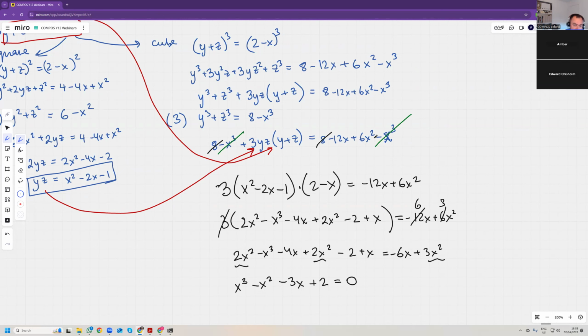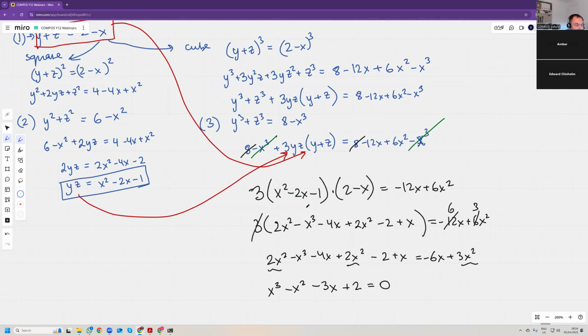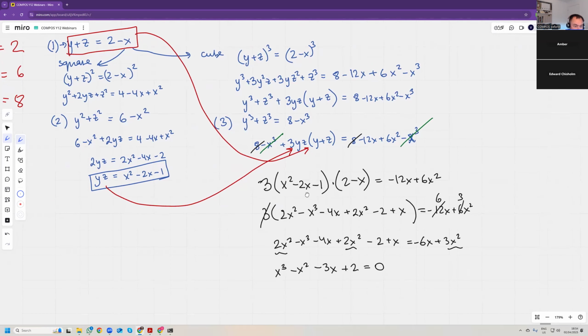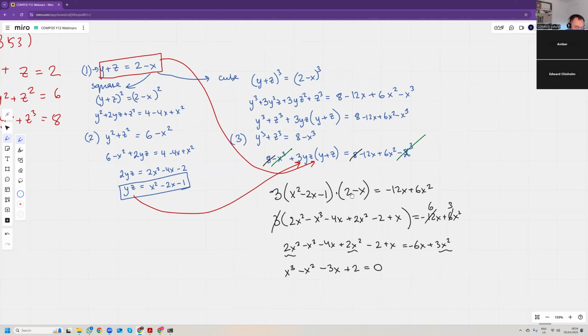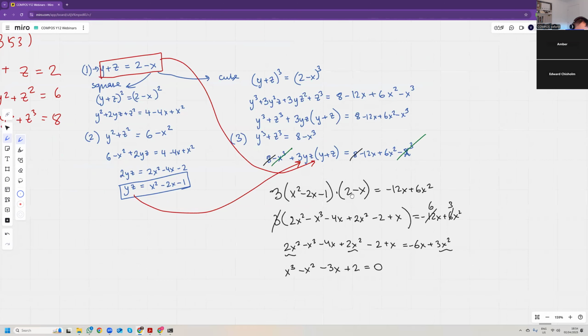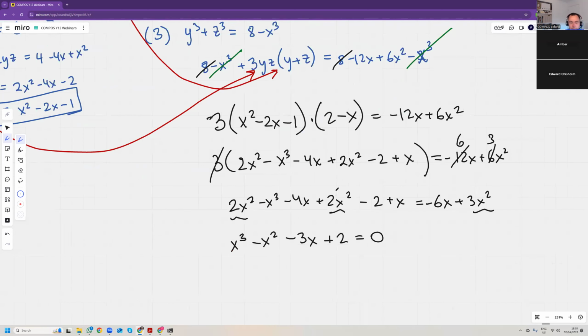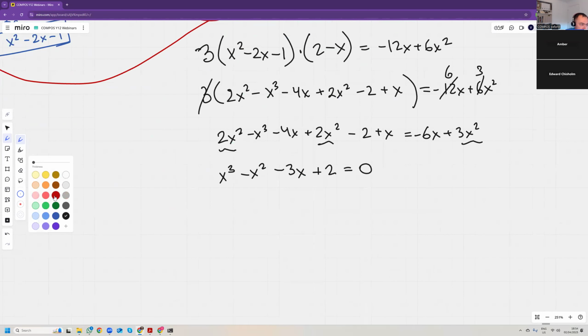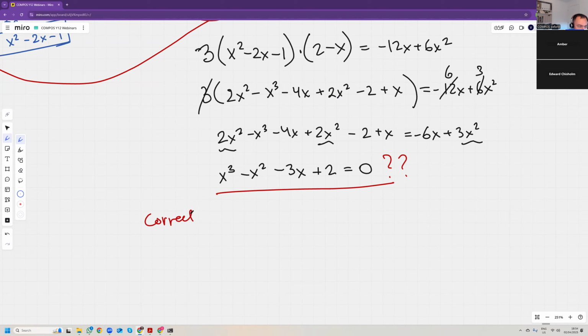Eight cancels, minus x cubed cancels. You get 3yz. Yz is x squared minus 2x minus 1. Y plus z is 2 minus x. I'm not sure what exactly went wrong. The correct equation is x cubed minus 2x squared minus x plus 2.